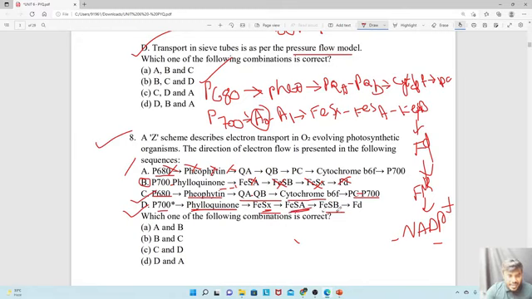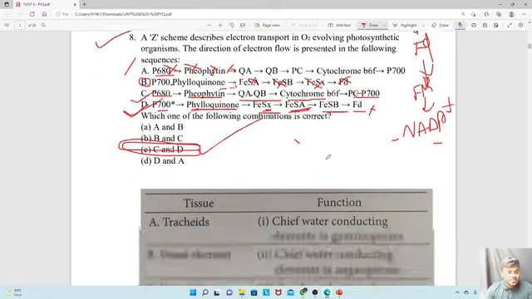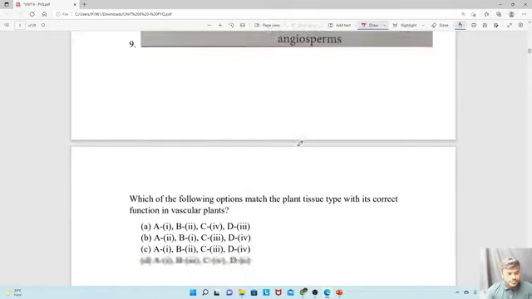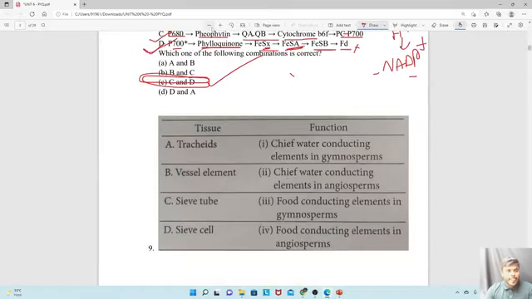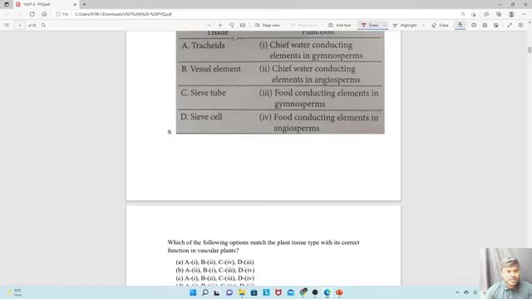Iron sulfur A, iron sulfur B, FD, FNR. Anyway they did not give the FNR. Absolutely D is right. Hence the correct answer will be C. Whatever you all have given is the right answer. Perfect, okay.